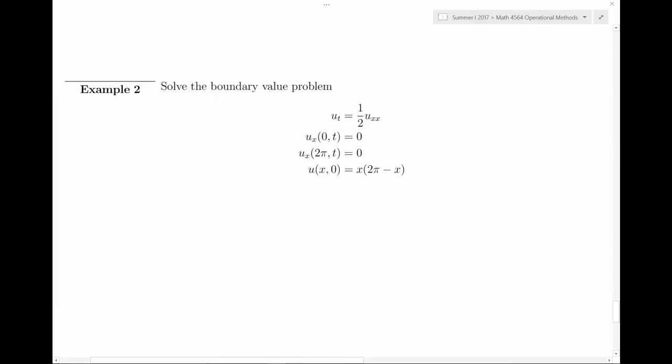Let's look at an example that's almost the same as the previous one, except that this time we make the derivatives at the ends 0.